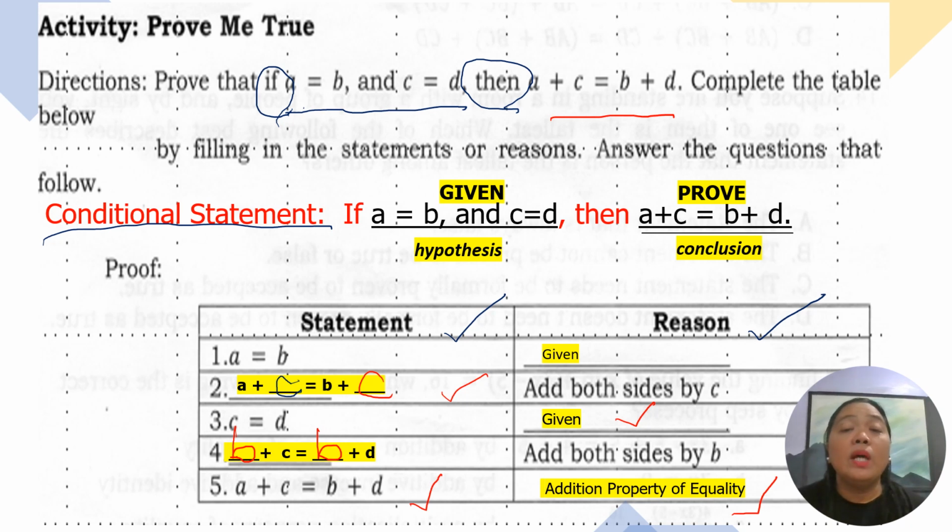As we go along with our lesson, we will be discussing the properties of equality, which in geometry we can now call axioms. And I will tell you later, as we discuss our lesson, what an axiom is. Why do we need to use axiom instead of equality in geometry?